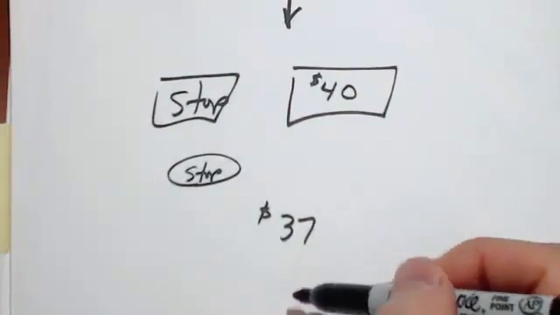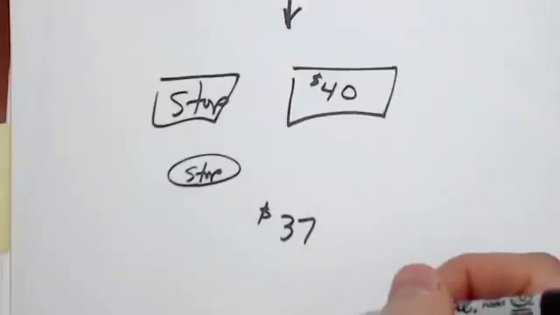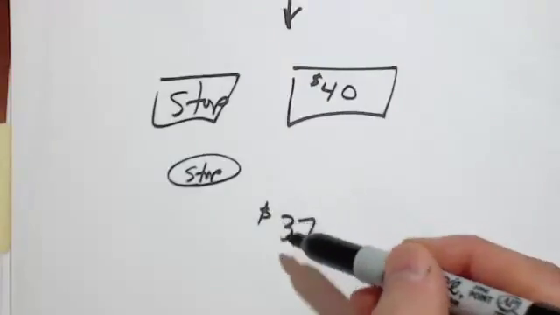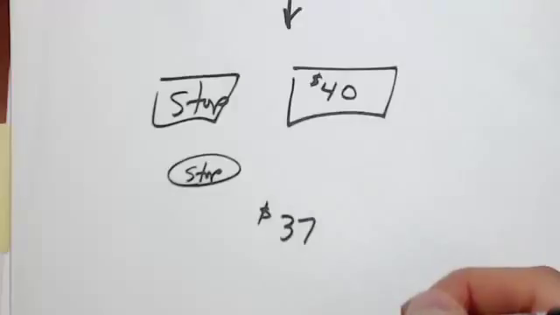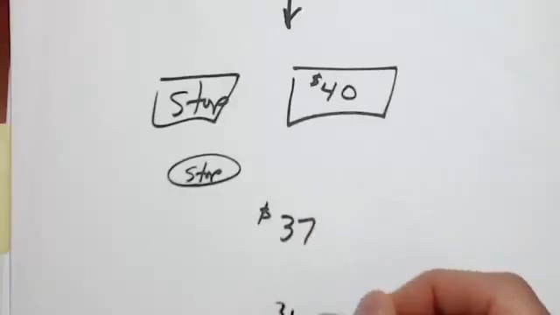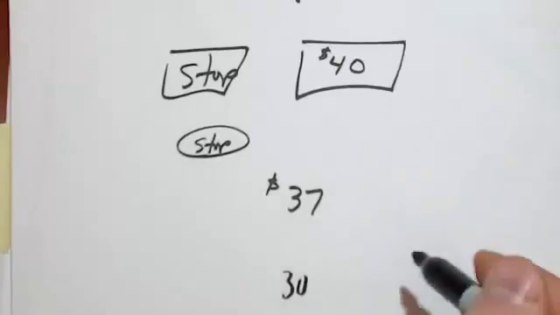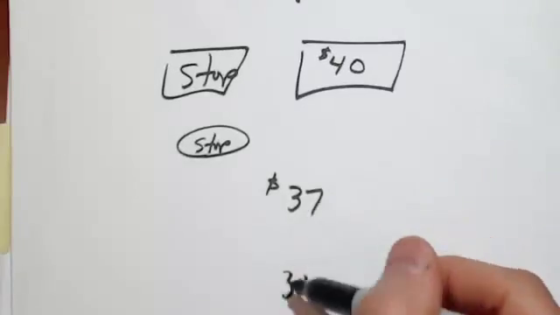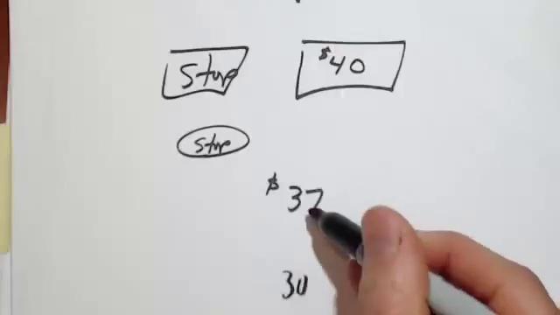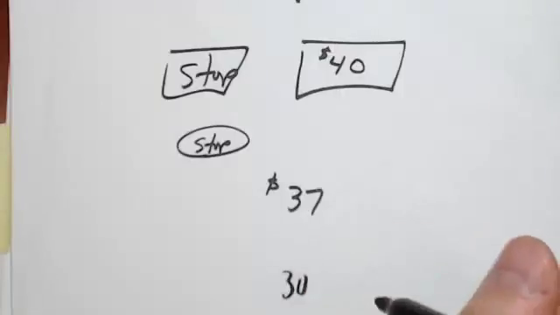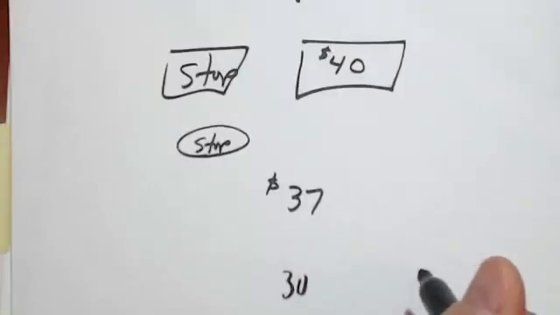You hope to buy it back at a later date at a lower price. So you sell first and buy later. You sell high and you want to buy low. So you're hoping maybe it goes to $30 a share. You would have sold it for $37, bought it at $30, and made a capital gain of $7 in a declining market. That's what it's designed to do, make money in a declining market.